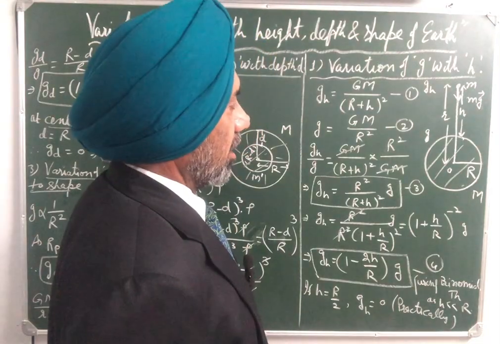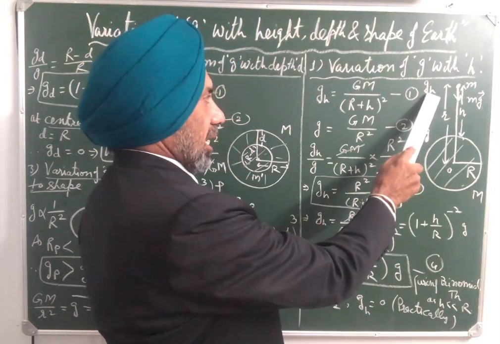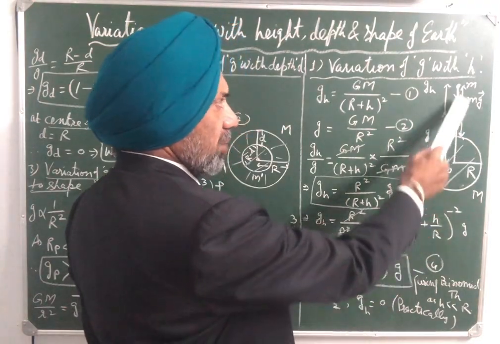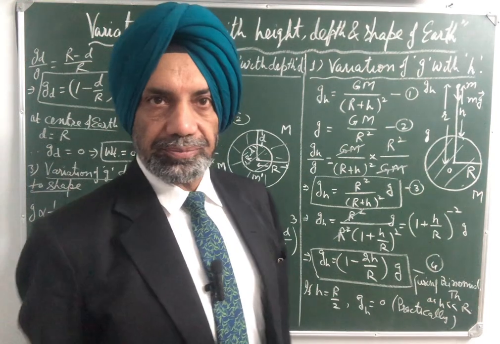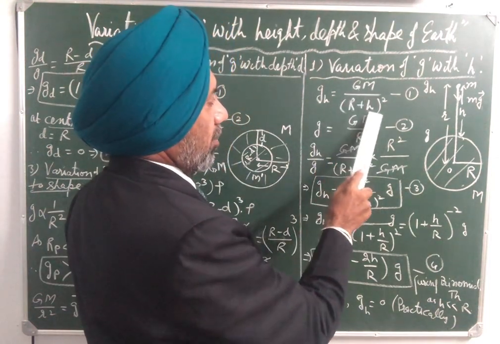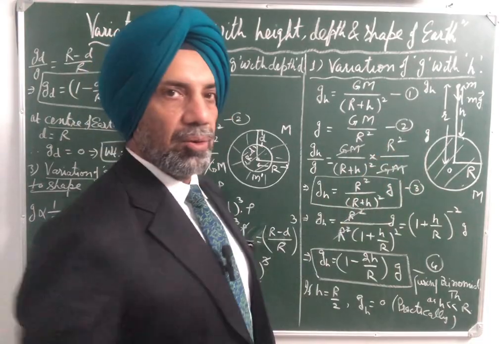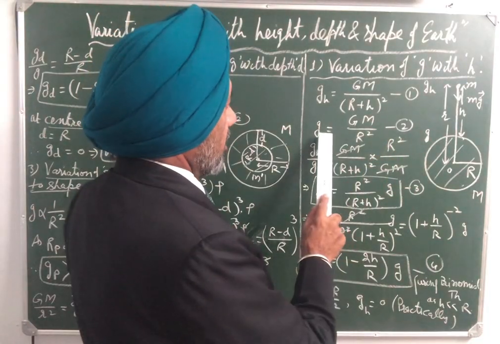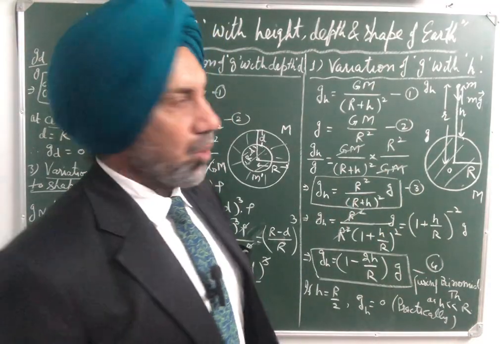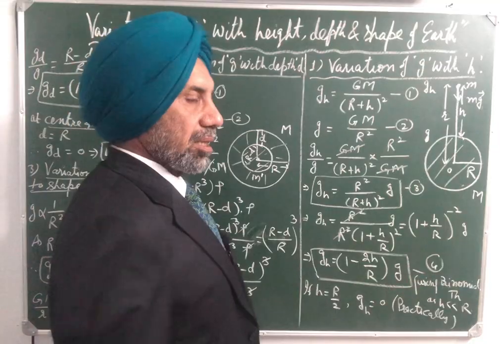We know that the expression for acceleration due to gravity is given by GM upon distance square. So therefore gh is equal to GM upon (R plus h) whole square, equation number 1. Similarly, g is equal to GM upon R square at the surface, equation number 2, where G is the gravitational constant.